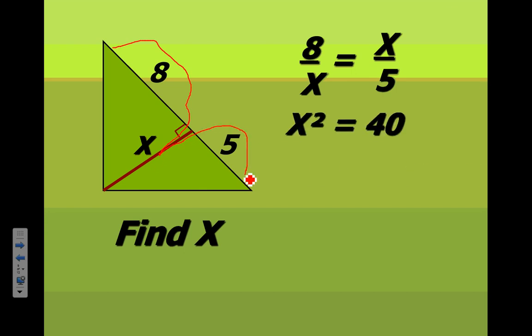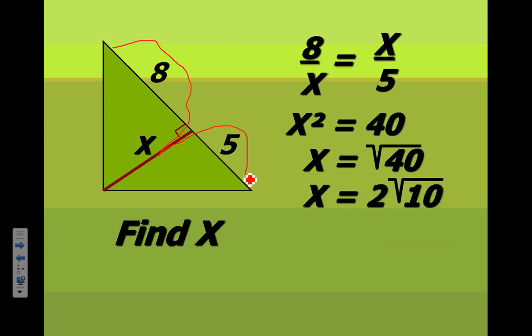We solve that to be x squared equals 40. X is equal to the square root of 40. And we split 40 into 4 times 10. 2 is the square root of 4, so x will be equal to 2 times the square root of 10, or 6.3.